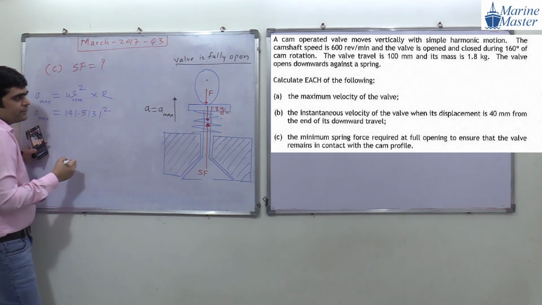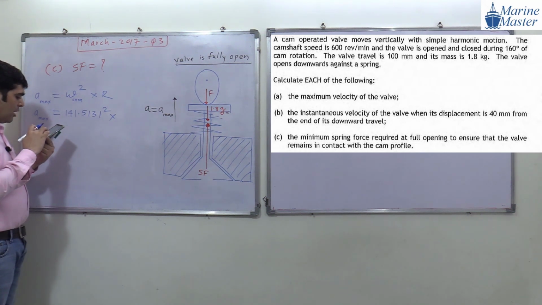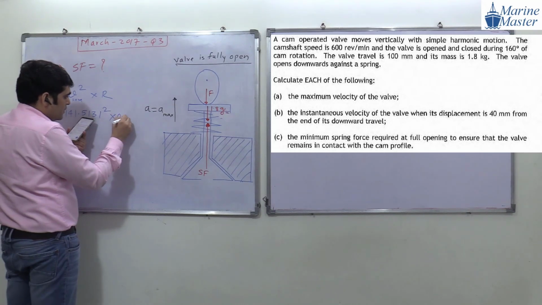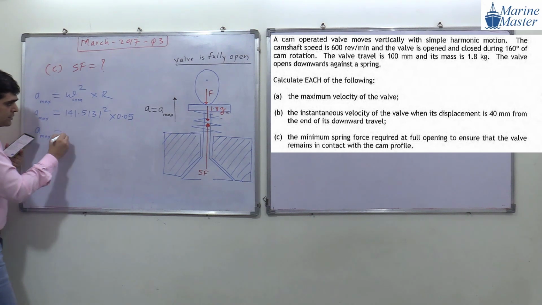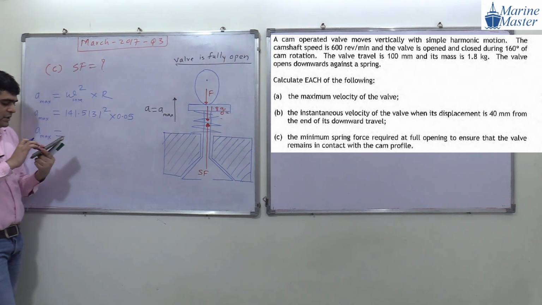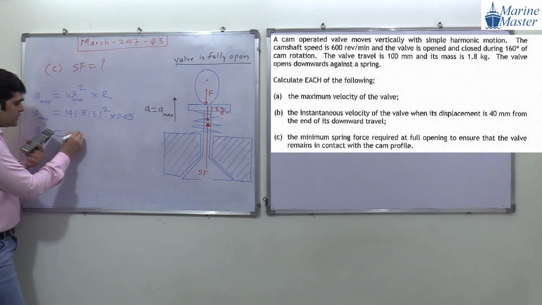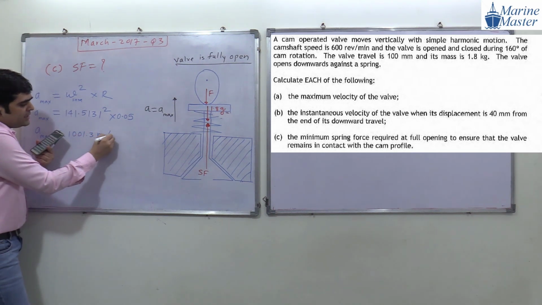And how much is the amplitude of SHM? 0.05. So what will be the maximum acceleration? Everyone please do the calculation: 141.5131 squared multiplied by 0.05, check it out. 1001.2978, so can I take 1001.3 meter per second square?